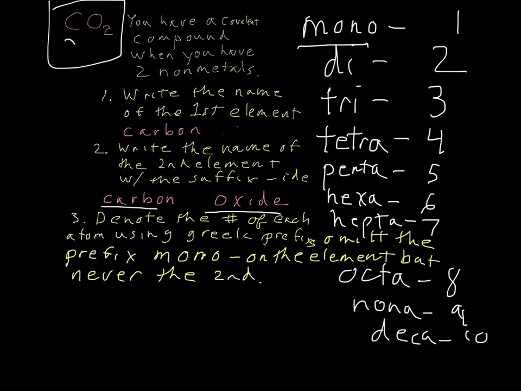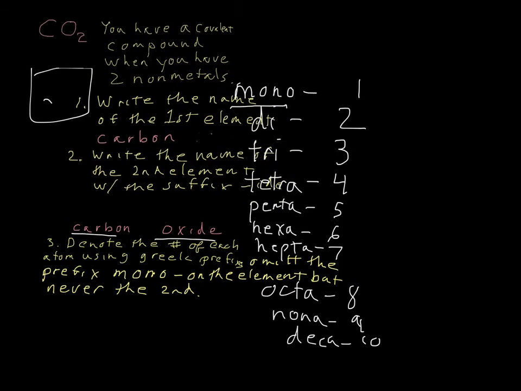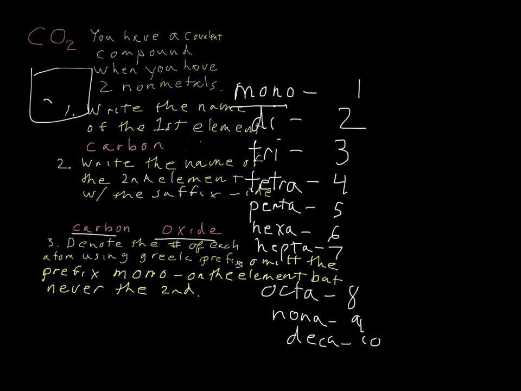So just to name another compound real quickly, this compound, just CO, would be carbon, and then you have oxygen become oxide, and you have one carbon, you omit the prefix mono, but you have one oxygen, so you include the prefix mono for oxygen. So this would be carbon monoxide.